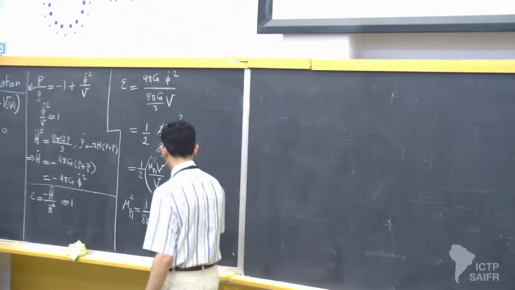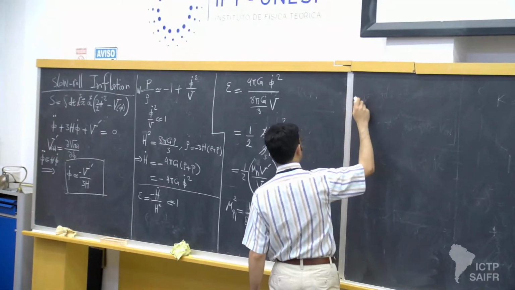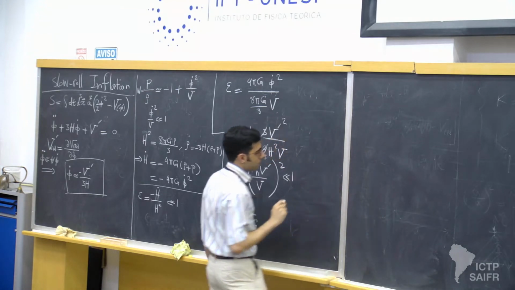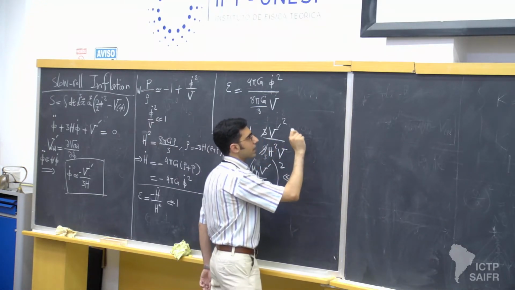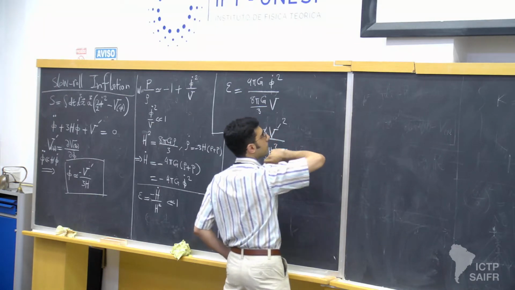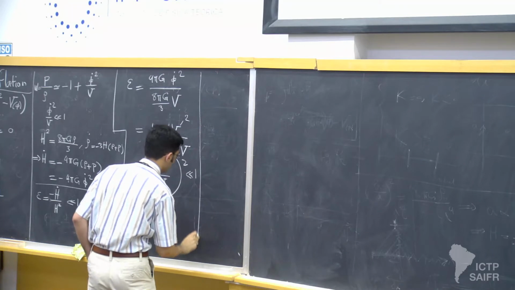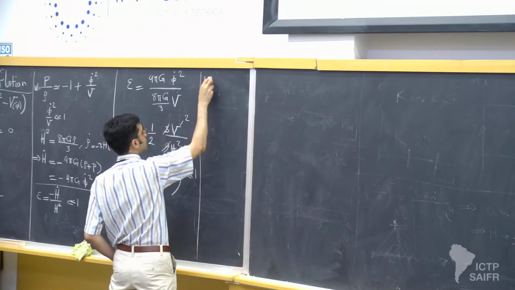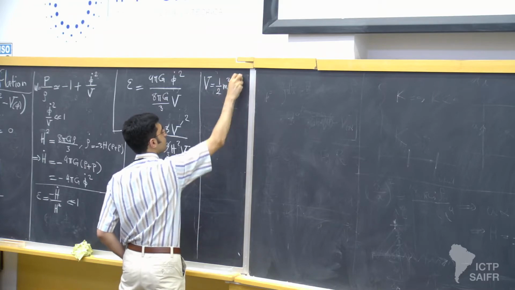So let us consider some examples. For instance, the easiest thing to consider is, let us take, where do I want to write it? Let's see if I can fit it here. So let's say V is just m squared phi squared.